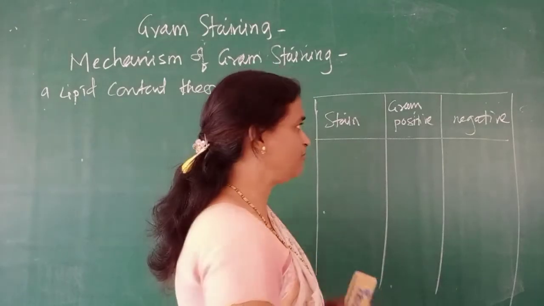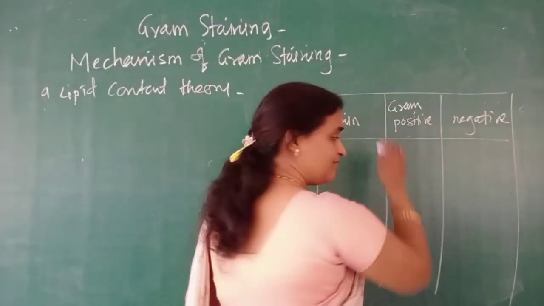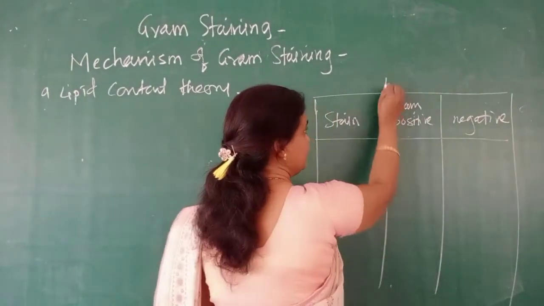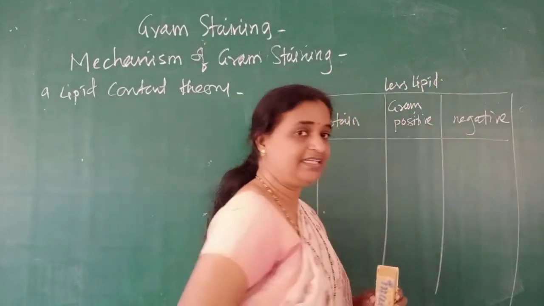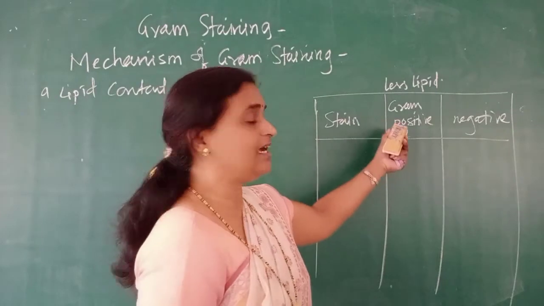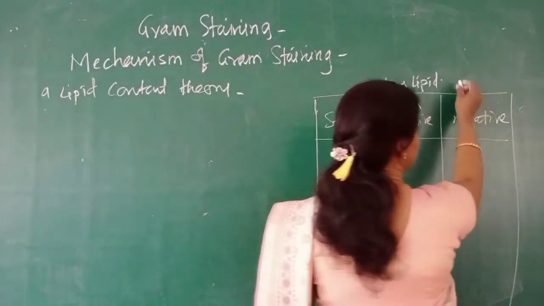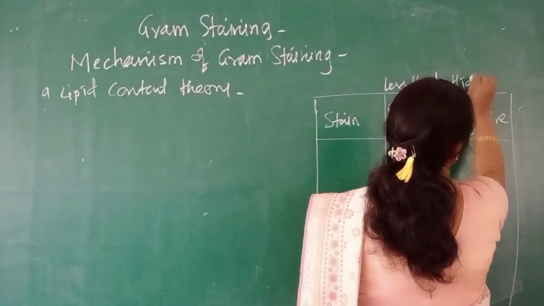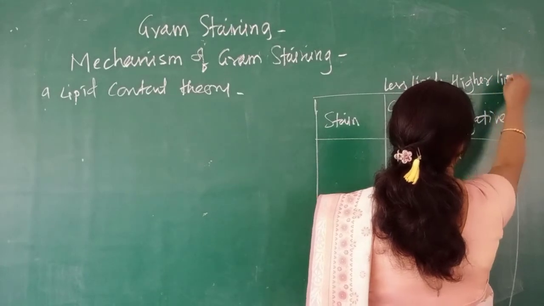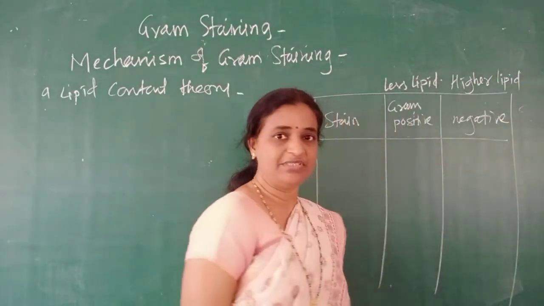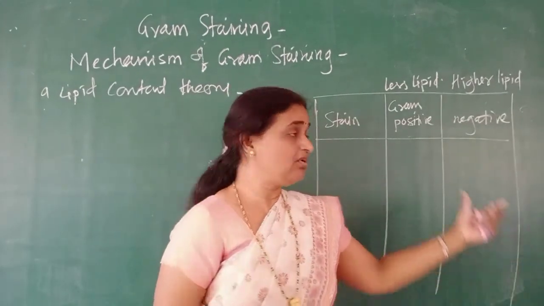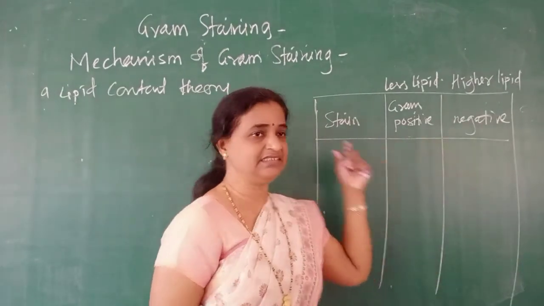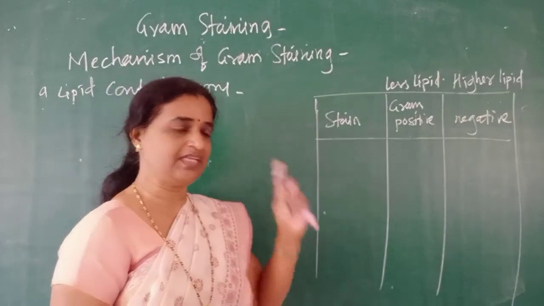In gram positive bacteria, the cell wall has less lipid content, unsaturated lipids, and in gram negative the percentage of lipid is higher. That is the basic difference between the two cell walls. On this basis, this theory explains the gram staining.